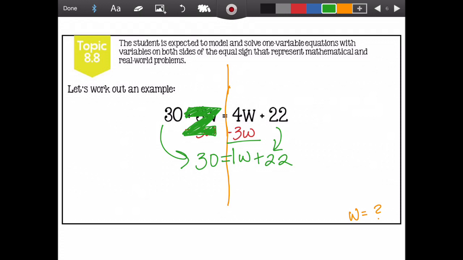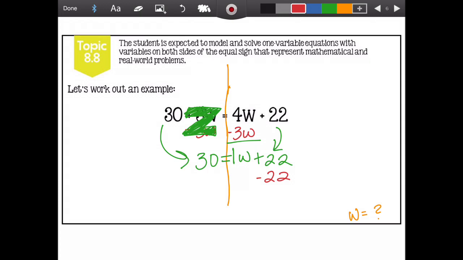Okay, now I still don't have w by itself. So now I'm going to collect the constants to one side. To get rid of this plus 22, I'm going to do the inverse operation of addition, which is subtraction. Again, this would be the same thing as if I had those positive 22 tiles, then I would have to add negative 22 tiles to get rid of those, for them to be canceled out.